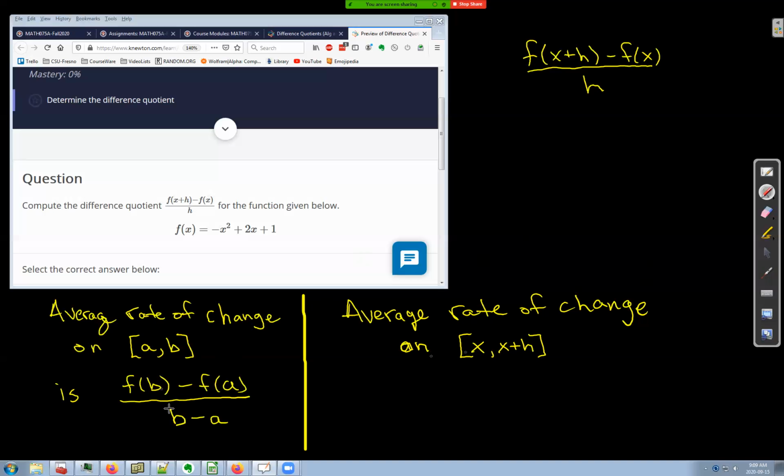I just use this formula, and wherever I see an A in the formula, I put an X, and wherever I see a B, I put X plus H.